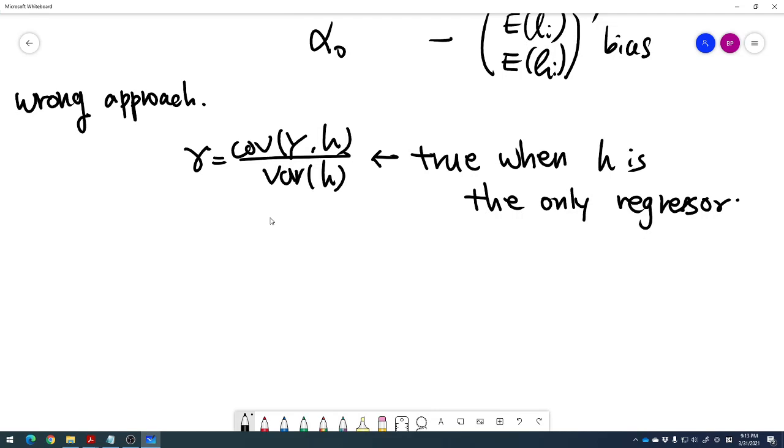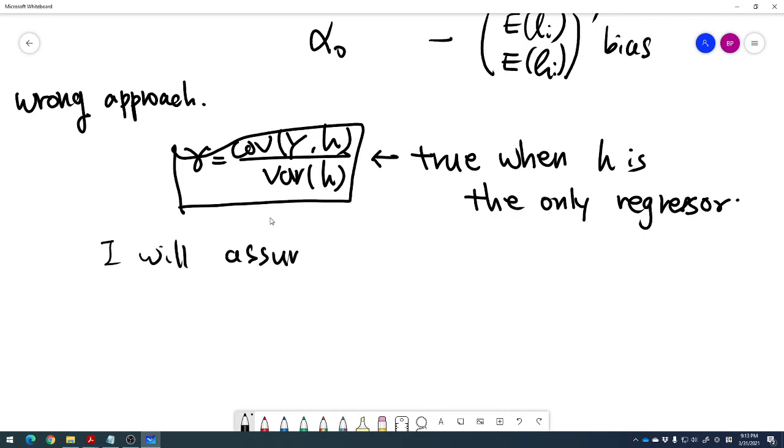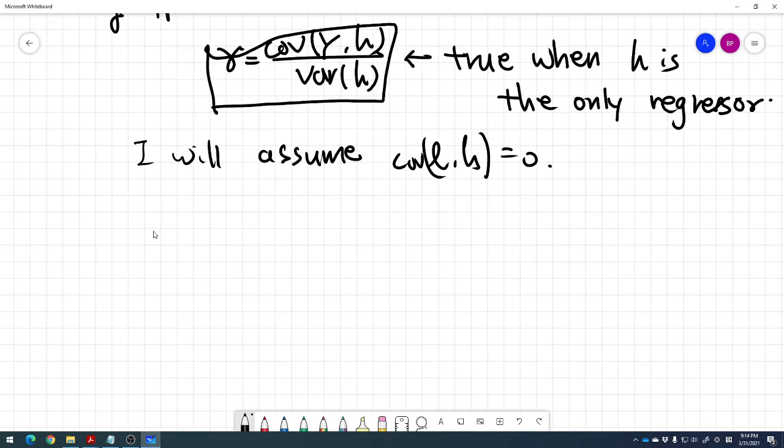So in any sense, it's wrong. At minimum, when you say this, you have to say that the computation is too hard, so I will assume the covariance between these two equals 0, and please give me some partial credit. Otherwise, your approach is totally wrong. Right? Okay, this is question C.